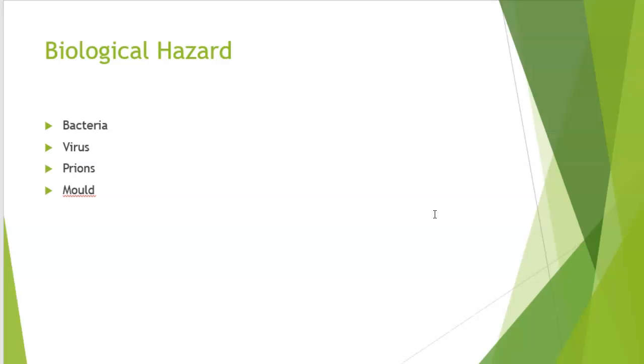Biological hazards are living organisms like microbes, bacteria, viruses, prions, and mold. In some cases, you can also see parasites like roundworms, which can be very bad.